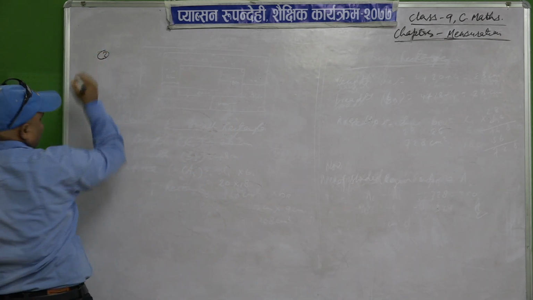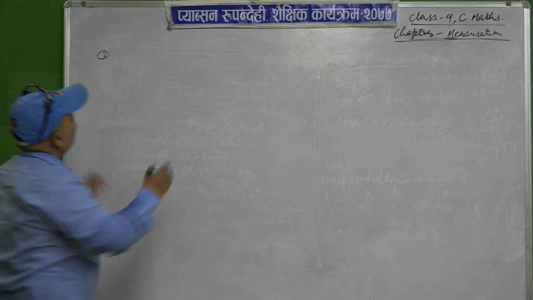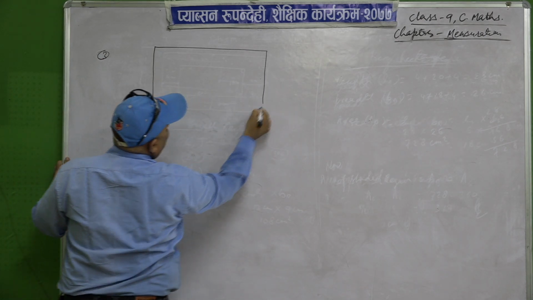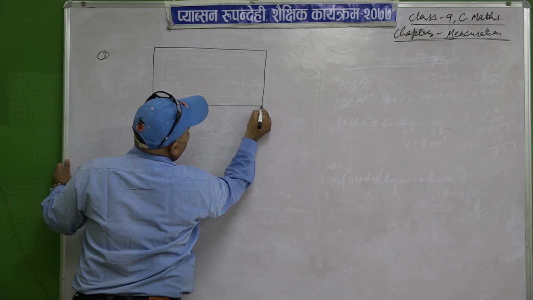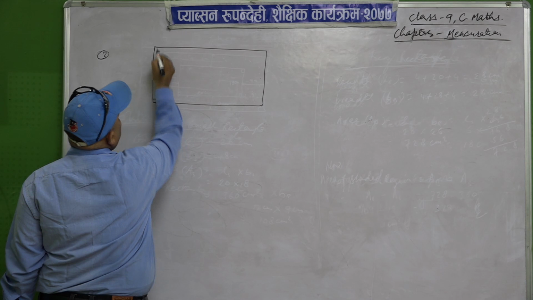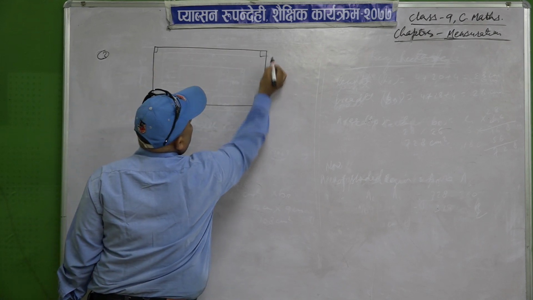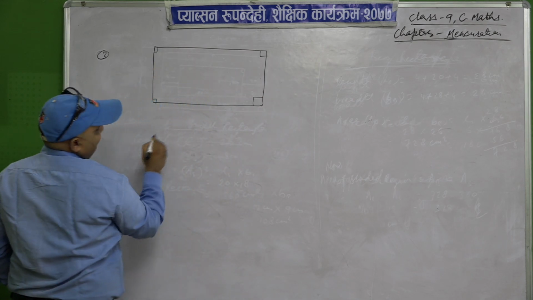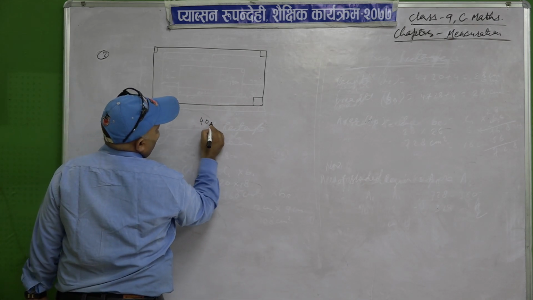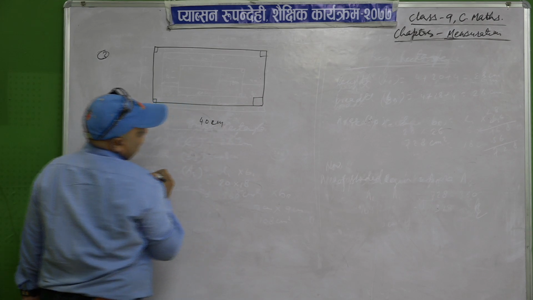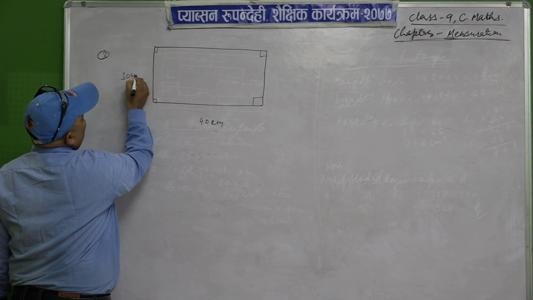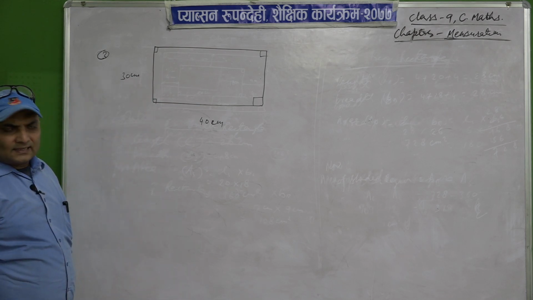Question number 3. So, this is a rectangle having length 40 centimeter. Okay, and the breadth is 30 centimeter.